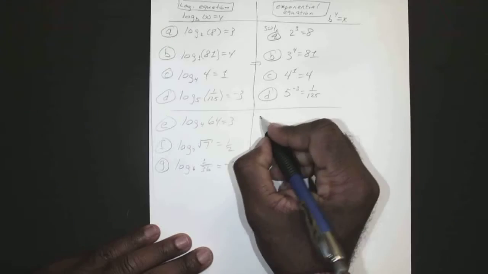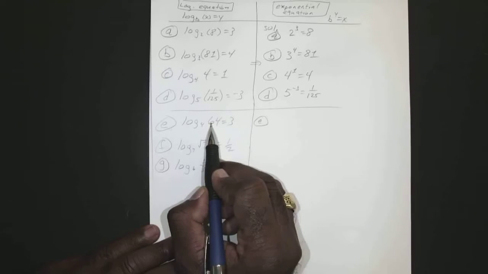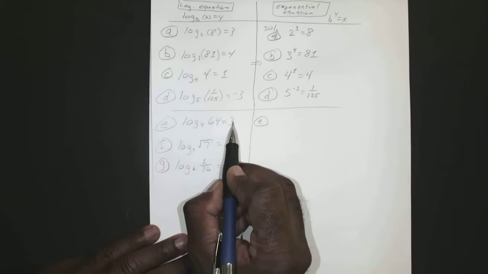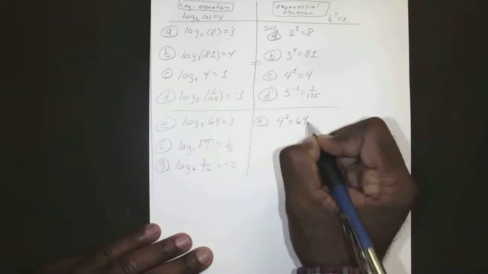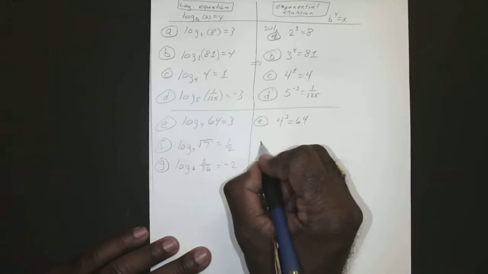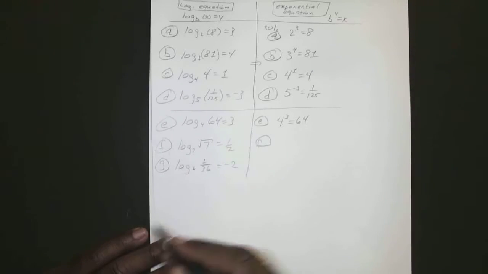Alright, so for this one, your base to the power of y equals x, so 4 to the power of 3 equals 64. For F, 7 to the 1/2 power equals square root of 7.